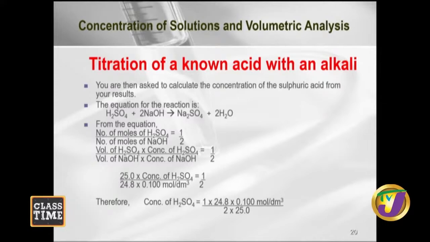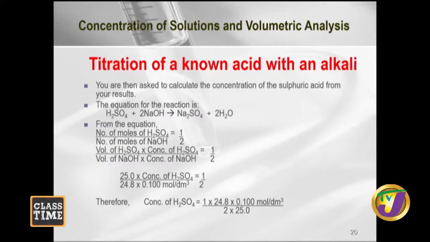Because we had the concentration of sodium hydroxide, it was 0.1, right? And our sulfuric acid was our unknown. So here, we can see that it's a 1 to 2 mole ratio. If it's a 1 to 2 mole ratio, we need to find our sulfuric acid. We can use what we know to find what we don't know.